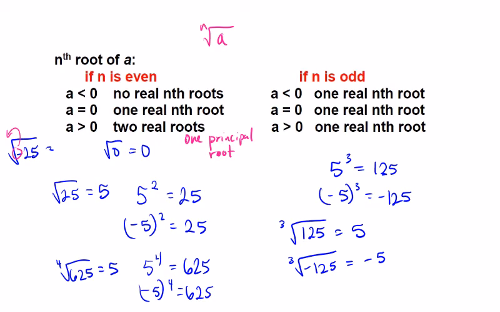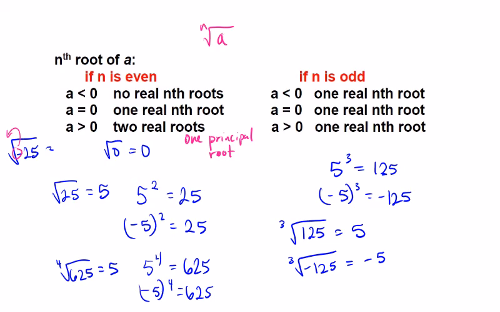So imaginary numbers and principal roots only apply to when you have even powers, because with odd powers, it's okay to have a negative, right? Because the negative will just come out itself, because you can cube a negative and you get a negative. You can't square a negative and get a negative unless it's imaginary, right?